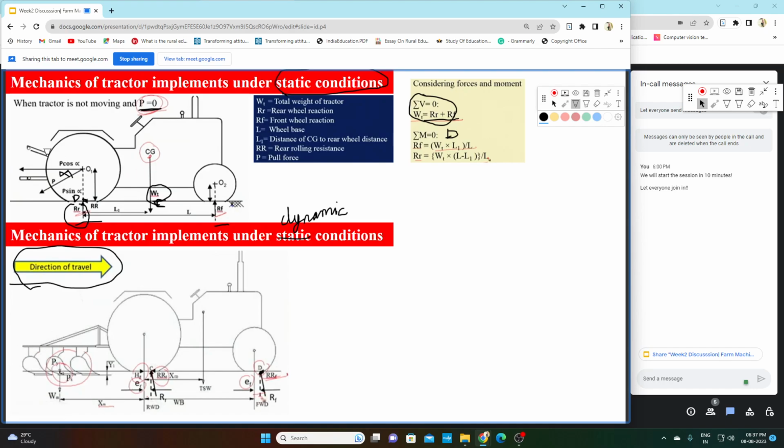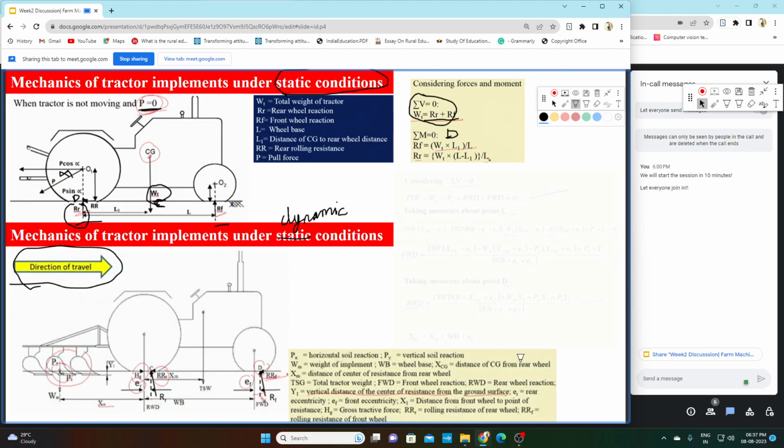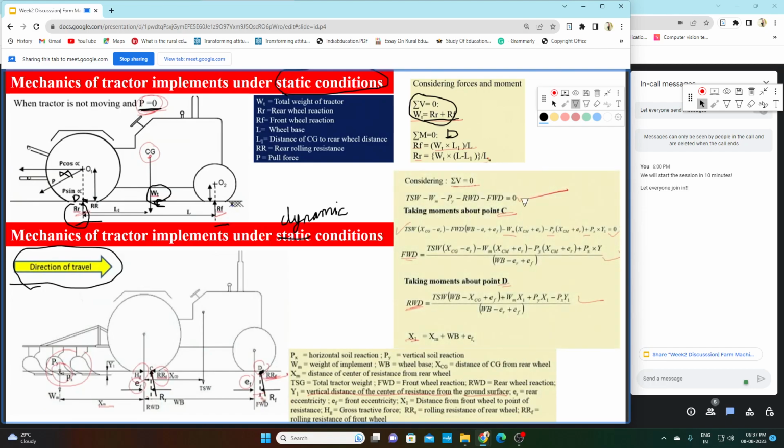One is this P cos alpha and another is this P sin alpha. So it will also generate this moment. You can do this at home, and even if you see the lecture videos there, it will be more clear. So again you will be resolving the moment the same way like this one, and you will get all these equations.